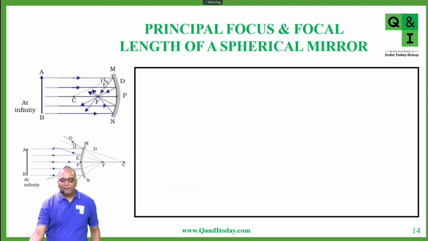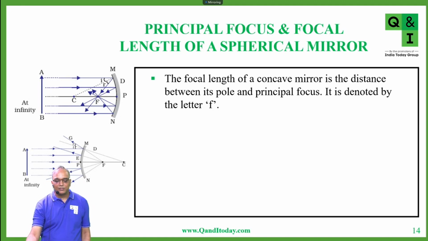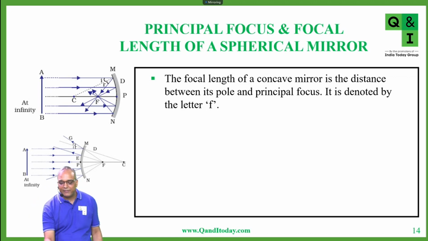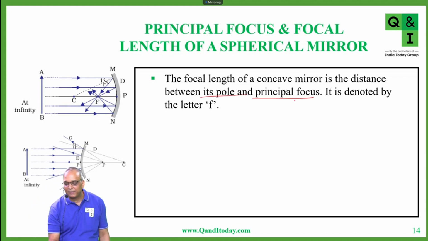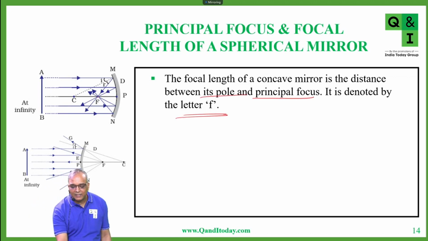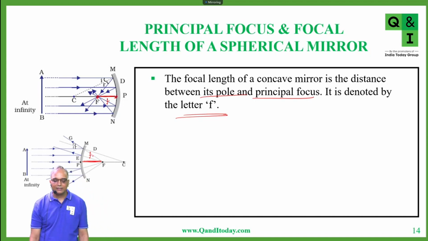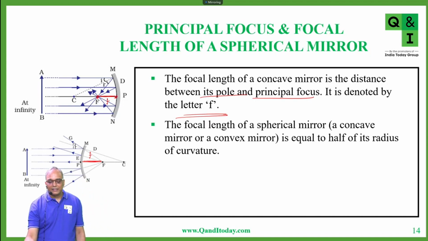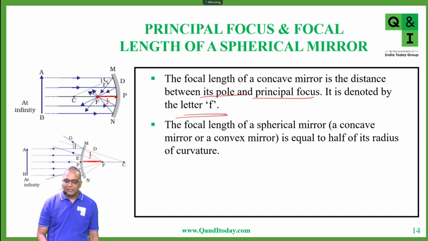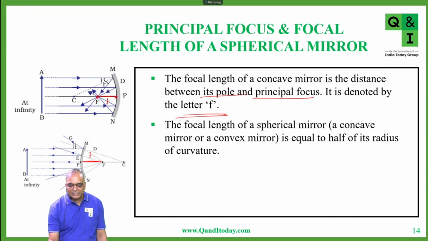Now, principal focus and focal length of spherical mirror. The focal length of a concave mirror is the distance between its pole and principal focus. It is denoted by f. In case of concave mirror, this is your focal length, and in case of convex mirror, this is your focal length. The focal length of a spherical mirror is equal to half of its radius of curvature.